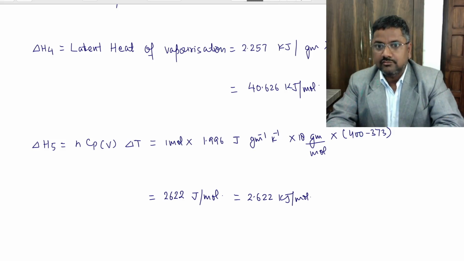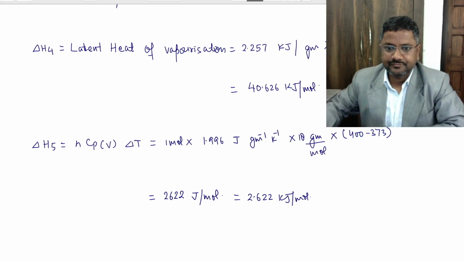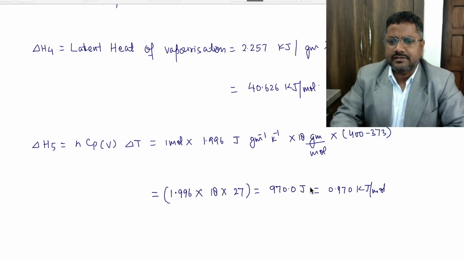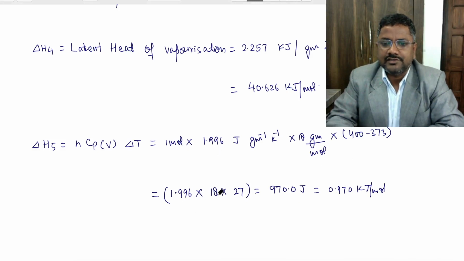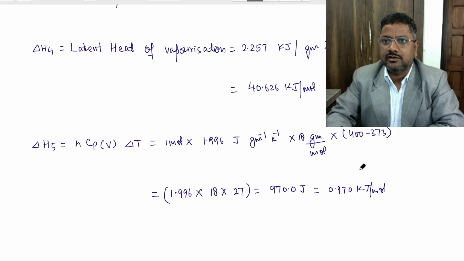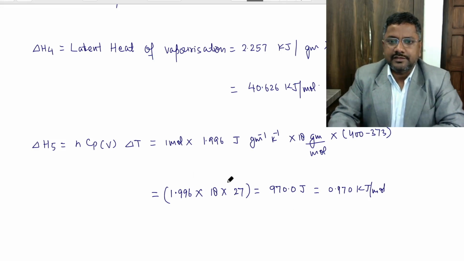Okay, see there is some calculation mistake, so I have corrected this. I had taken 73 instead of 27 in 1.996 into 18 multiplied by 27. So this is delta H5.